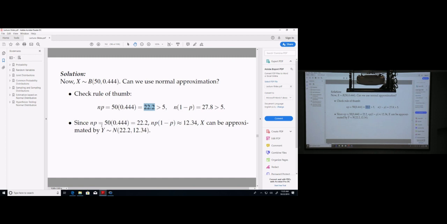To use the normal approximation, we need to pin down the normal distribution. To do that, we need the mean and the variance. So n times p will give you the mean of the binomial, which is 22.2, and the variance is np times 1 minus p, which is 12.34.